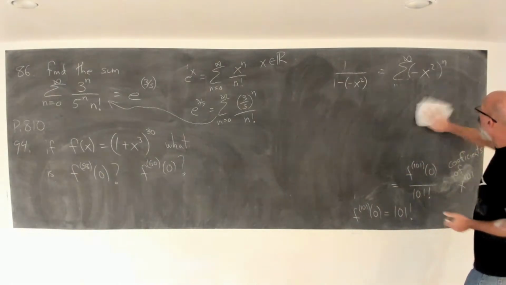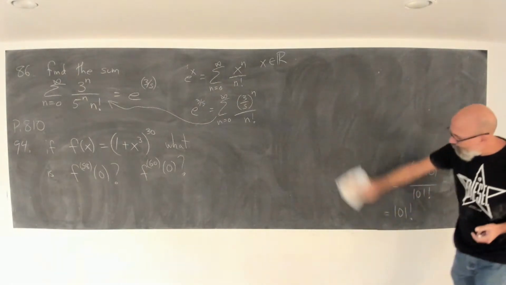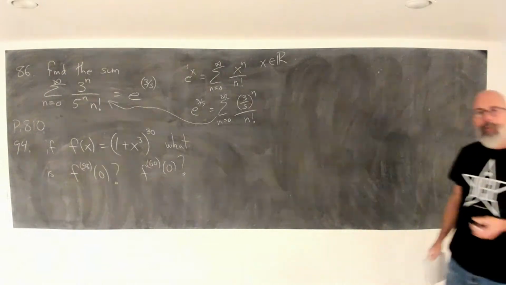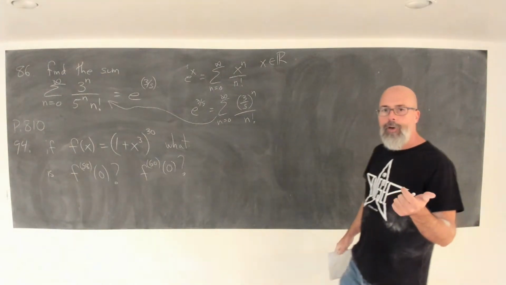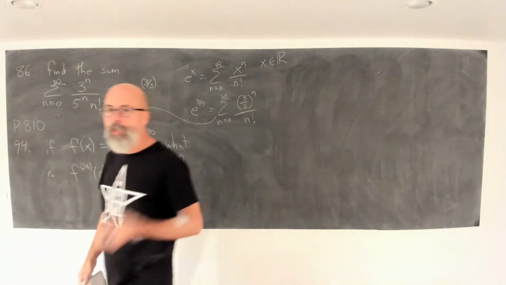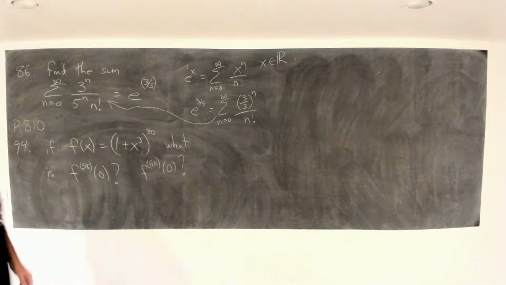Again, my point is not for you to learn them by heart, but to have done them so often that they become second nature, especially the exponential function e to the x, sine x, and cos x. So these three you should essentially know by heart.